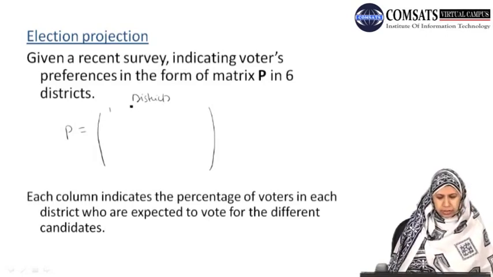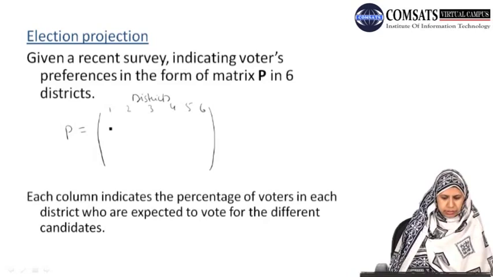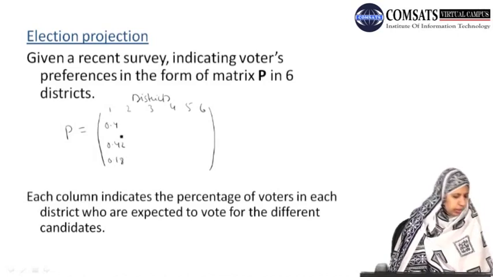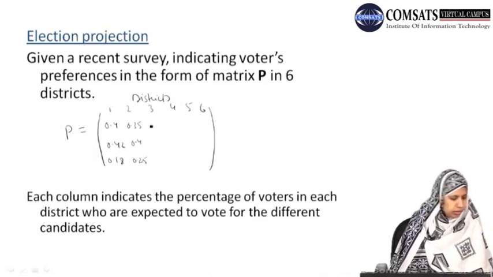We have 6 districts, 1, 2, 3, 4, 5 and 6, and we have the entries 0.4, 0.42, 0.18, then 0.35, 0.4, 0.25.